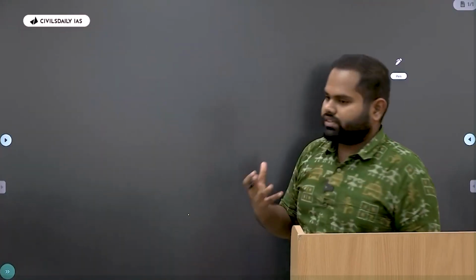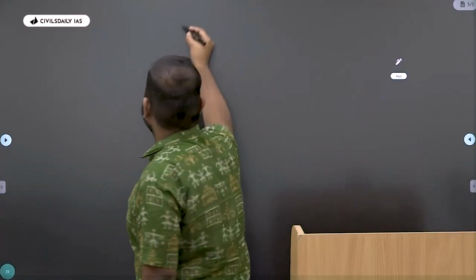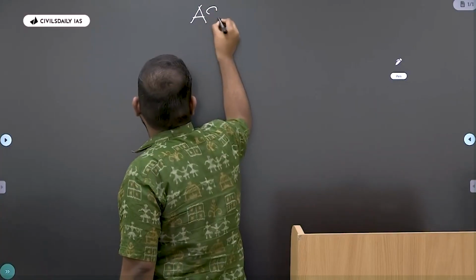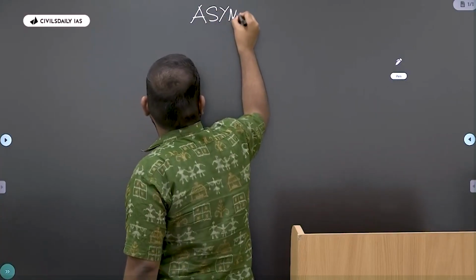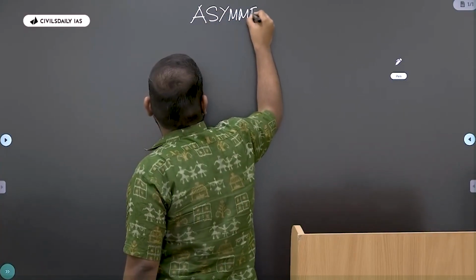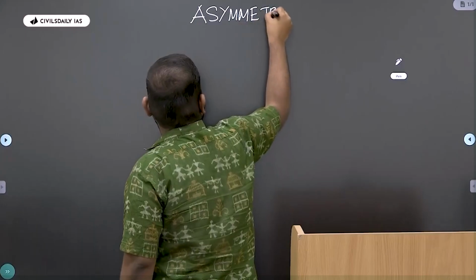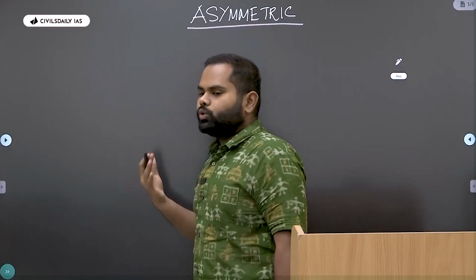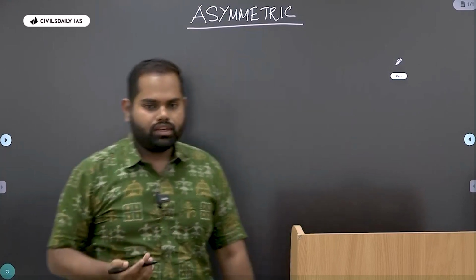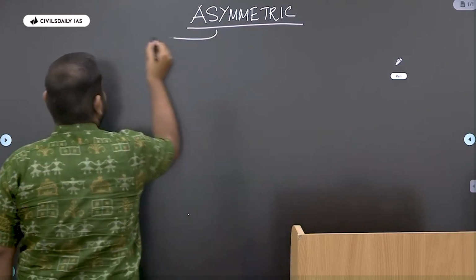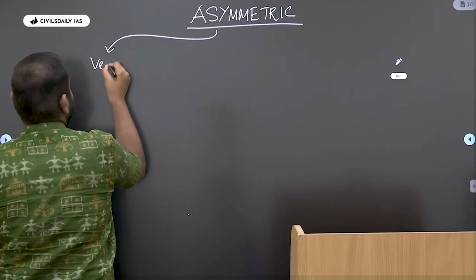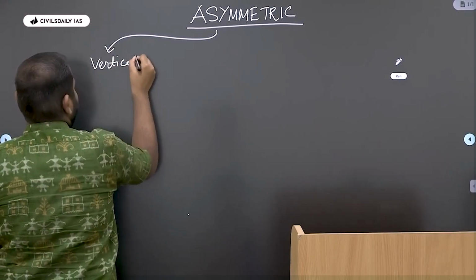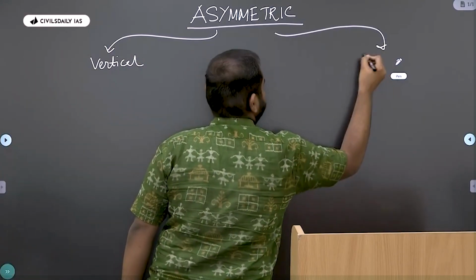So, having established that we have an asymmetric federalism, there are two types of asymmetric federalism that we see. One is vertical and one is horizontal.